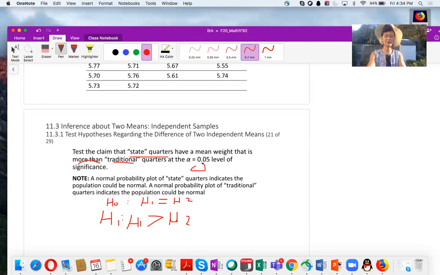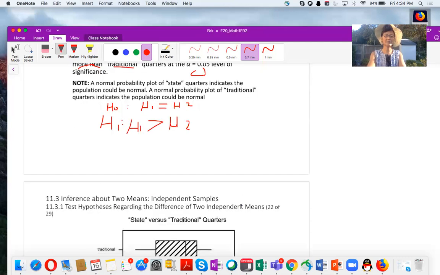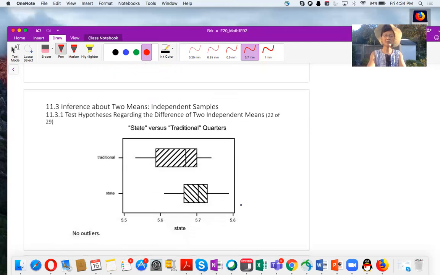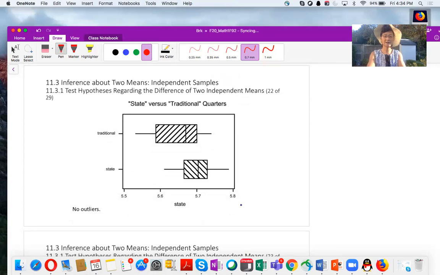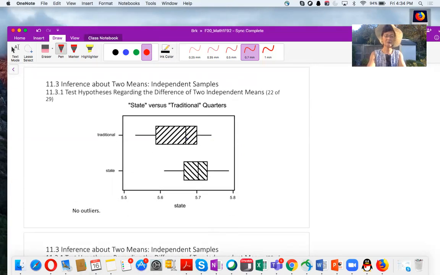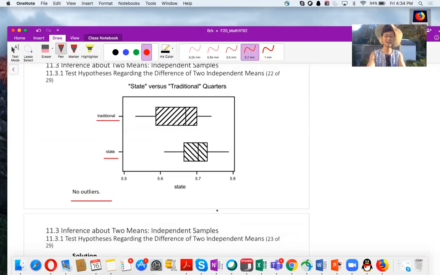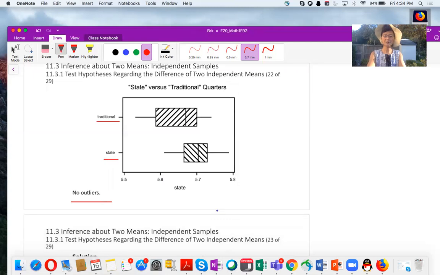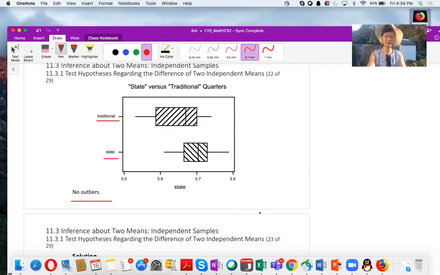Alpha is 0.05. Before we do the hypothesis test, let's check the conditions. When you construct a box plot for traditional quarters and for state quarters, there are no outliers. And also, we assume the two populations are normally distributed.